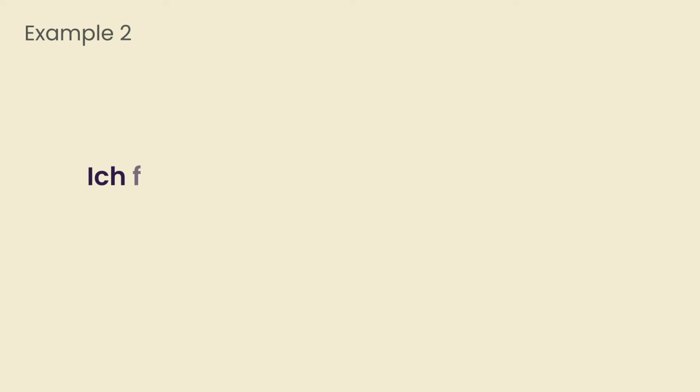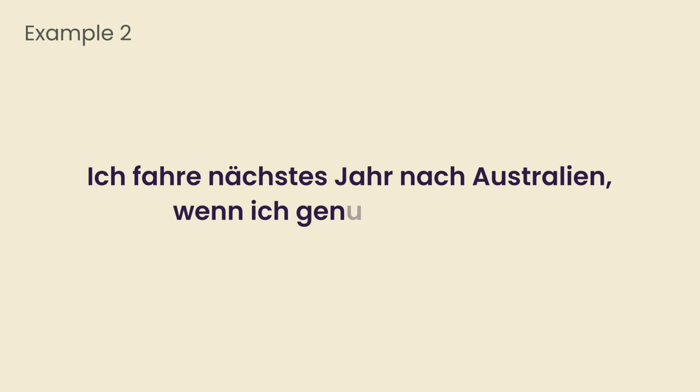Ich fahre nächstes Jahr nach Australien, wenn ich genug Geld habe. Understanding first the meaning of the sentence, I'll be going to Australia next year if I have enough money. Again, it's a condition, of course.